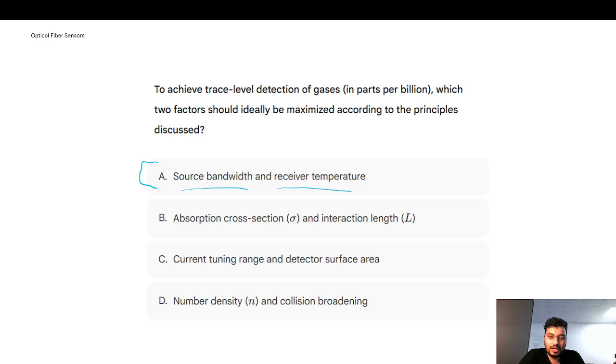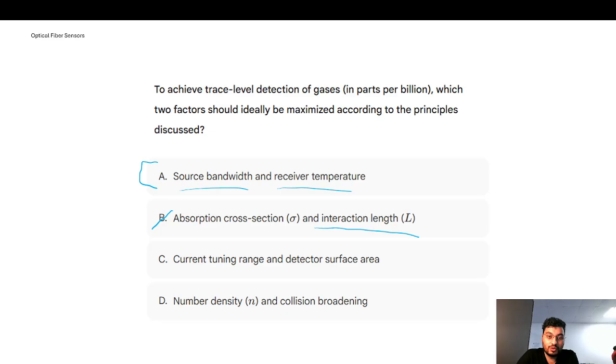It will be maintained at a certain temperature. So the correct option will be option B only, where you will be having the absorption cross section and the interaction length, which comes into the picture.